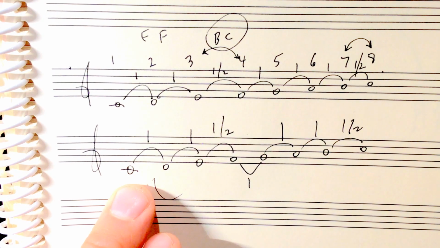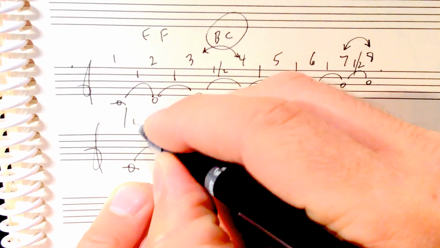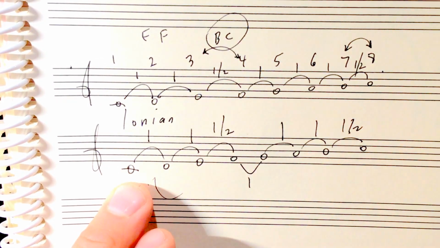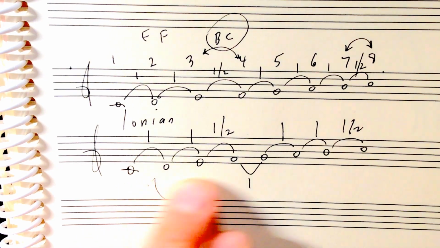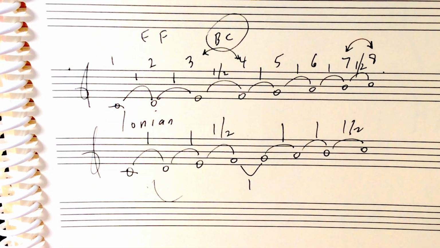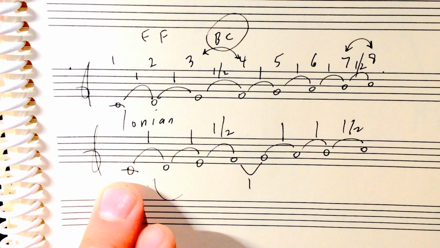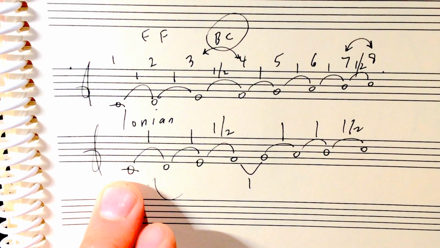And they referred to this as the Ionian Mode. And in today's modern time, we refer to it as a major scale. But the Ionian Mode has our same formula as a major scale. So that's the history of our current major scale.